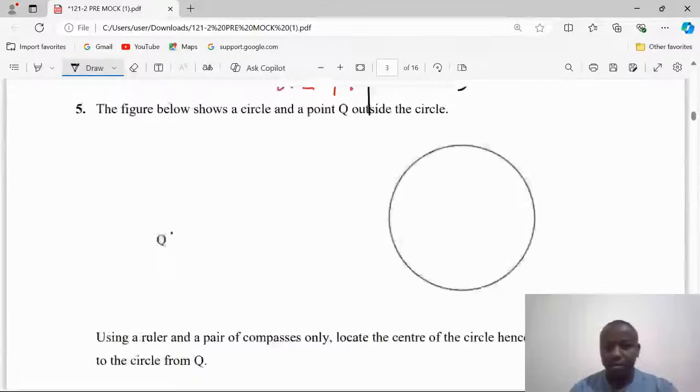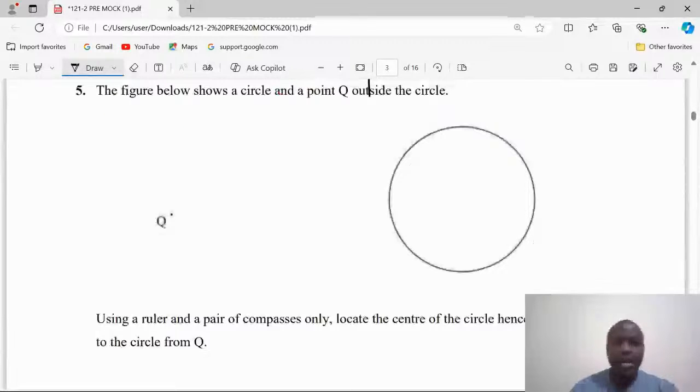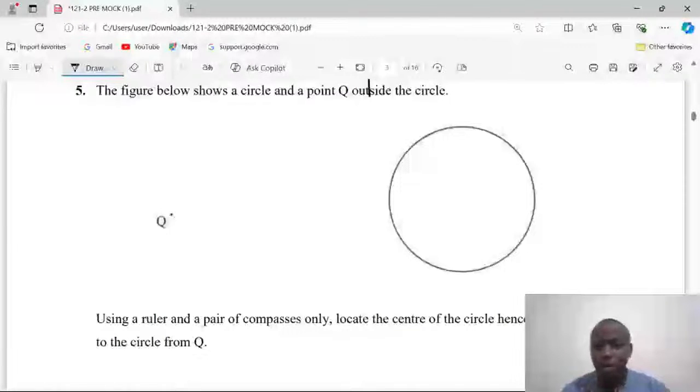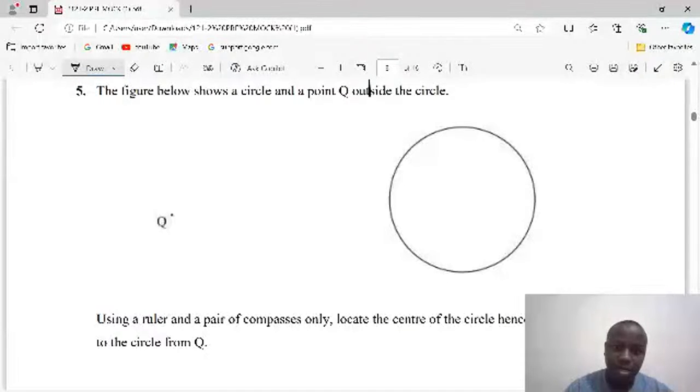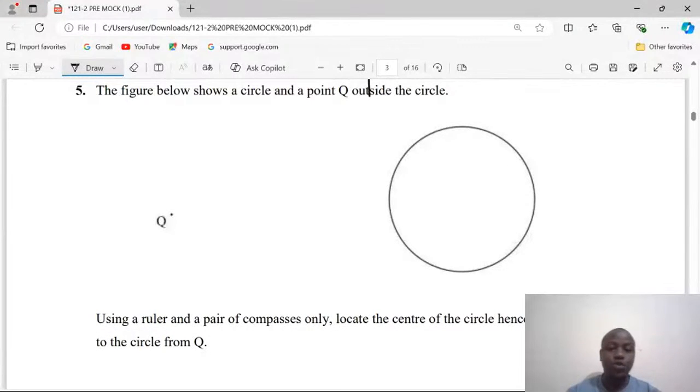So let us look at how we can identify the center. Remember, there are some simple properties of chords and tangents related to circles. One of them is that whenever a chord is bisected perpendicularly, that bisector passes through the center of the circle.